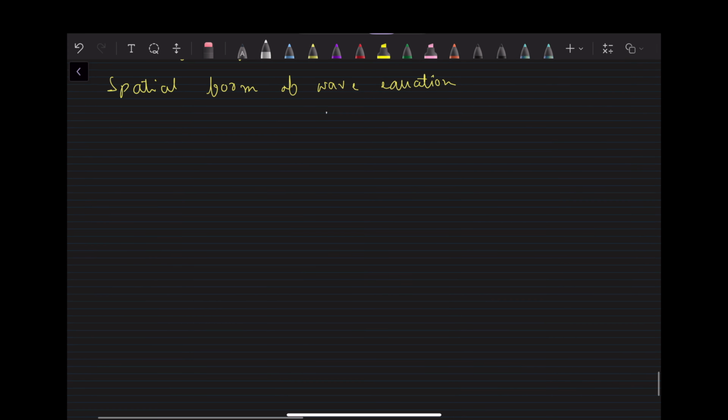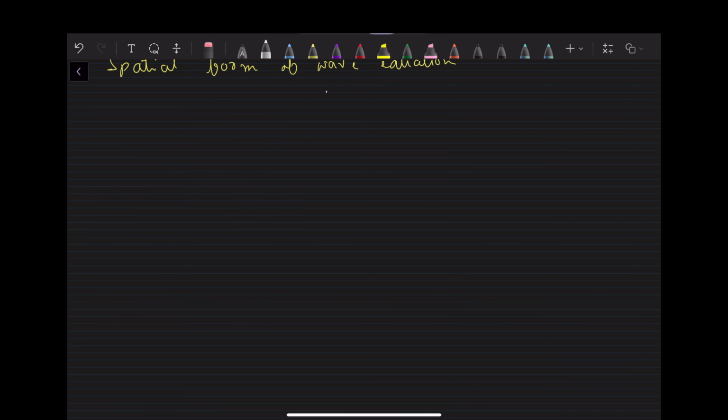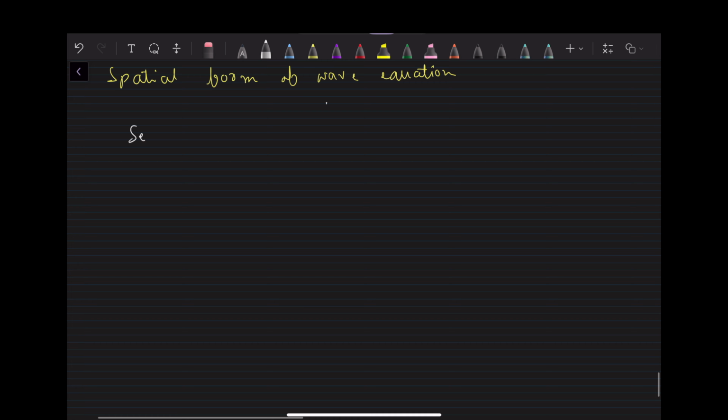Okay, before we go any further, let's talk about one more thing that we'll be discussing later. That's the Sellmeier equation. So what is the Sellmeier equation? We talked about the dispersion relation, right? I have told you that the refractive index is a function of frequency or wavelength, right?